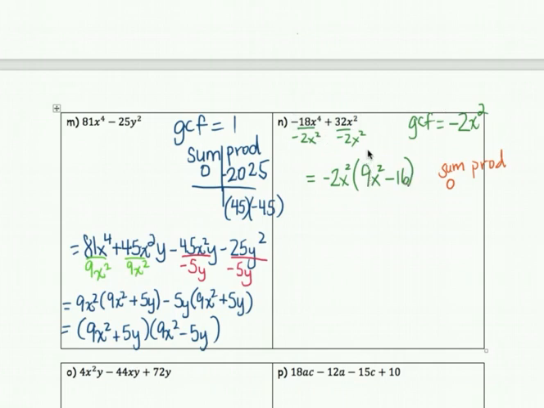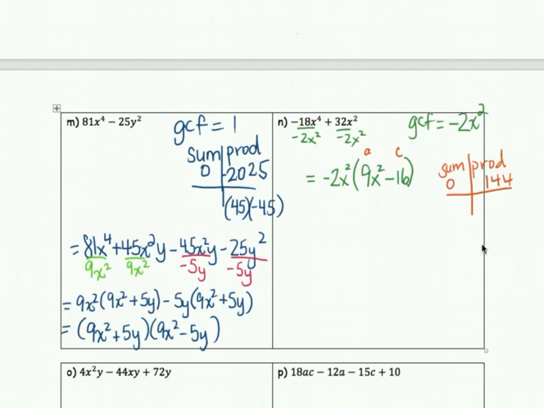Okay, so again, reminder, like you have an a here and a c here. Okay, so the b is missing. All right, so 9 times 16 is 144. So try to, make sure, remember that.